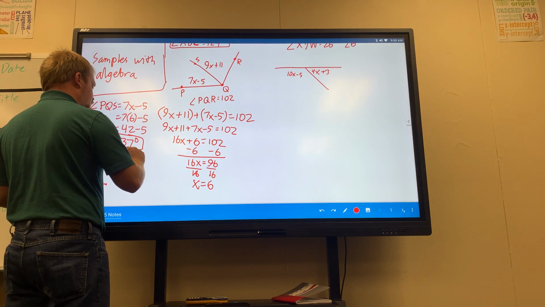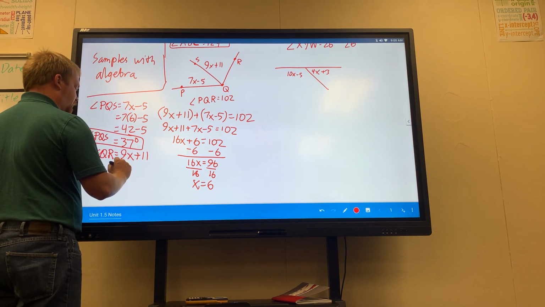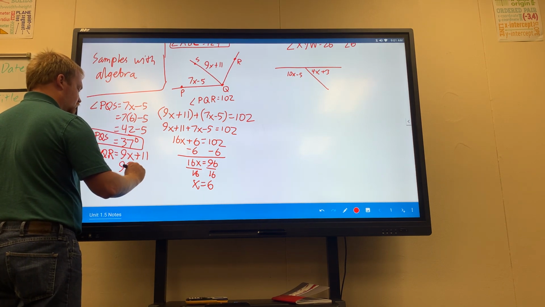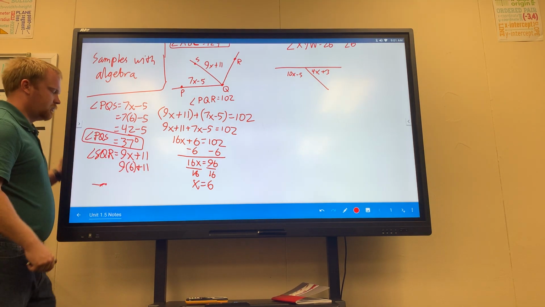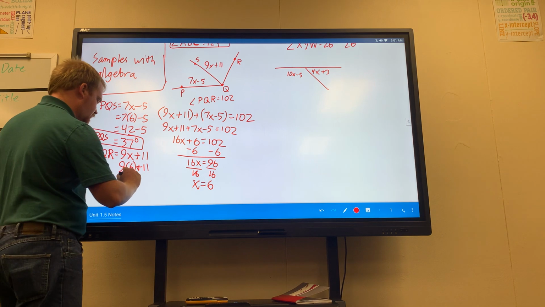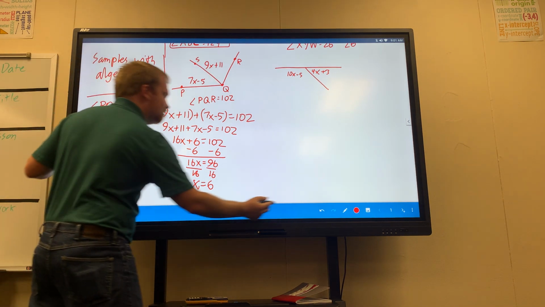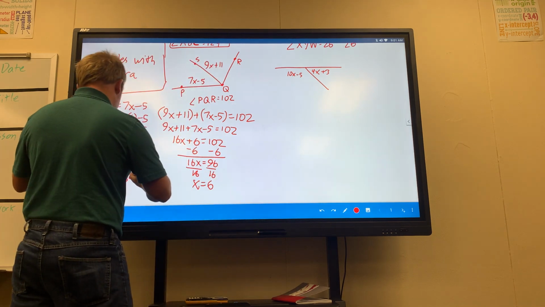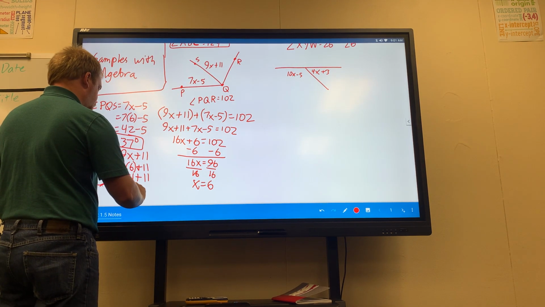Remember, replace the x with 6. So 9 times 6 gives me 54, plus 11 gives me 65 degrees.